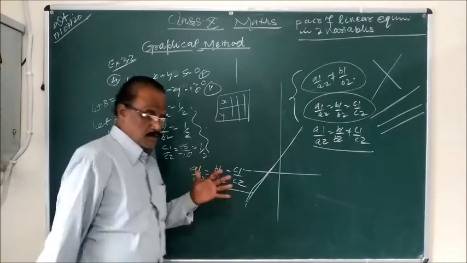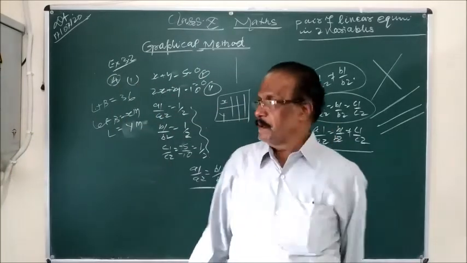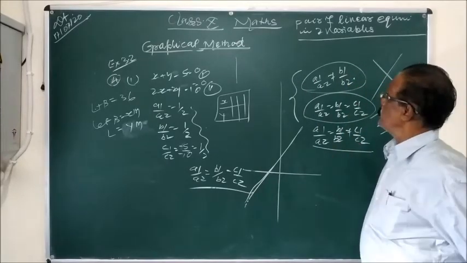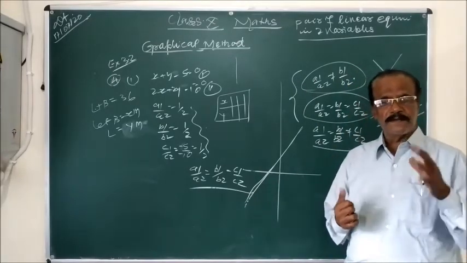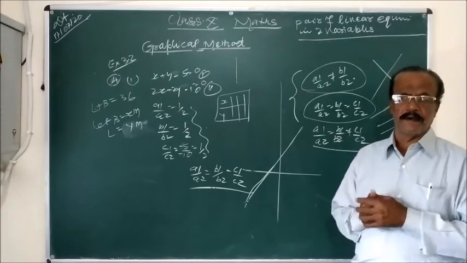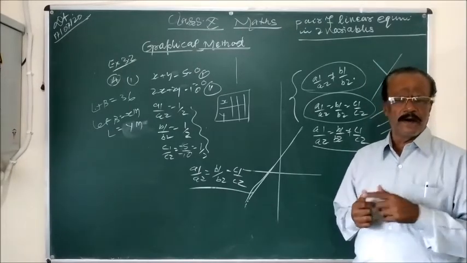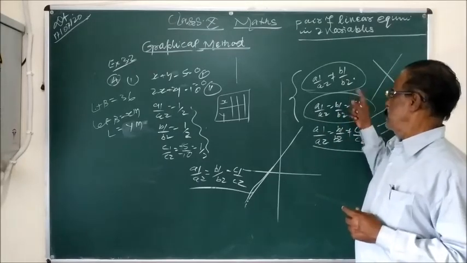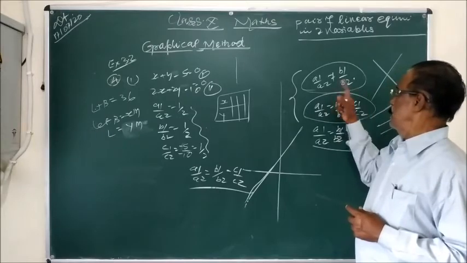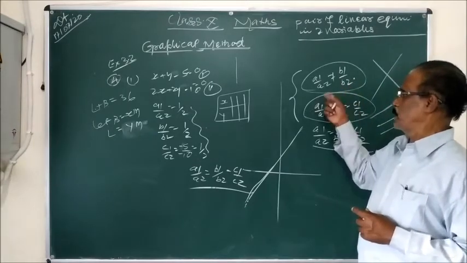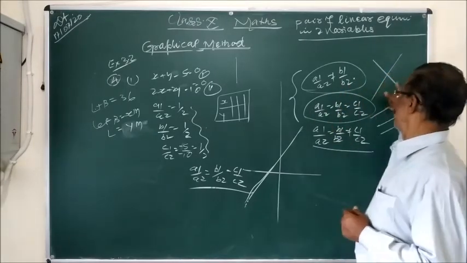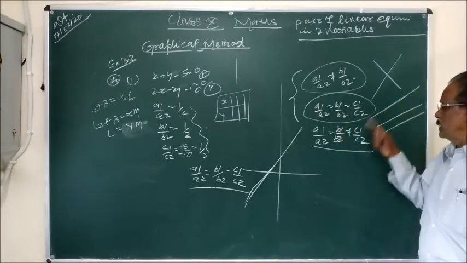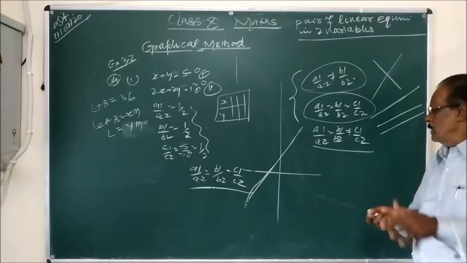So I would like to wrap up this topic by telling you that in this exercise 3.2, some statements are given. You have to form the equation, and then you can draw on the graph. These three conditions are a very important rule. If this condition is obtained from the given equations, you will get intersecting lines, and in this condition you will get coincident lines, lying over each other.